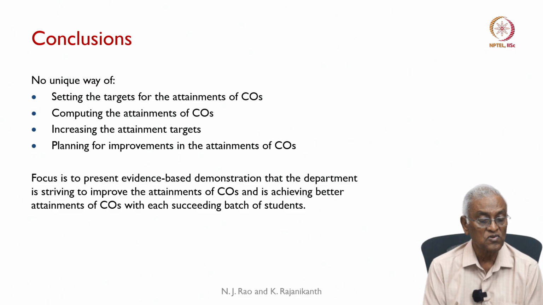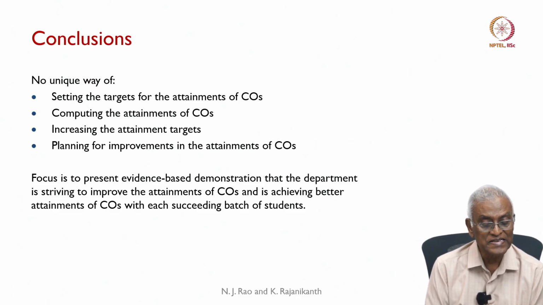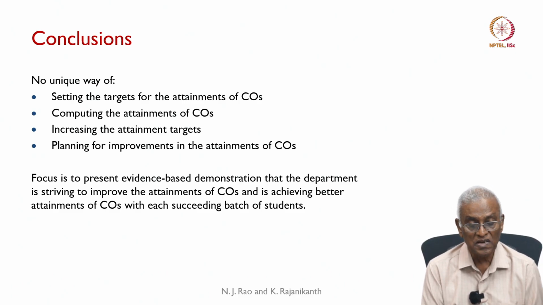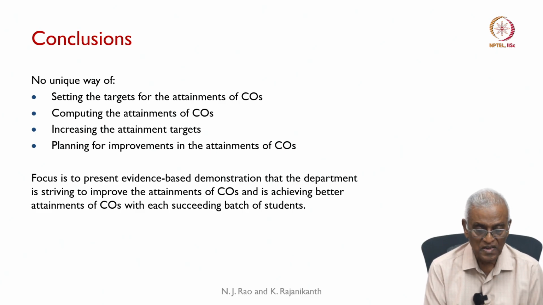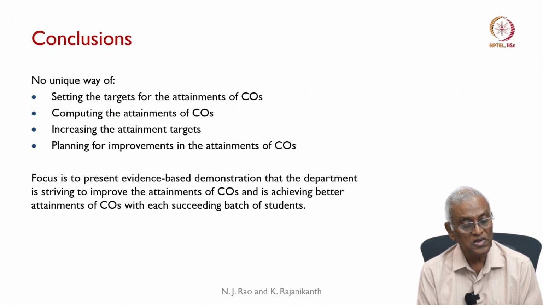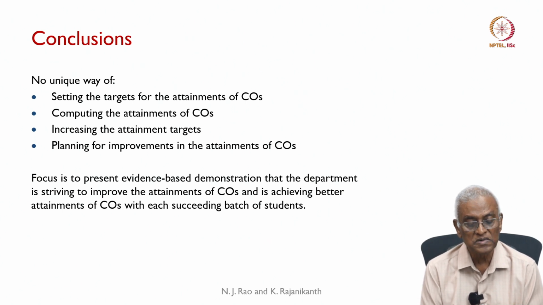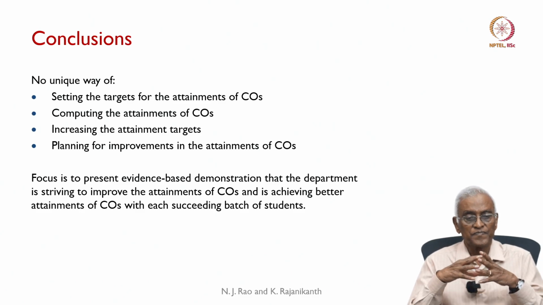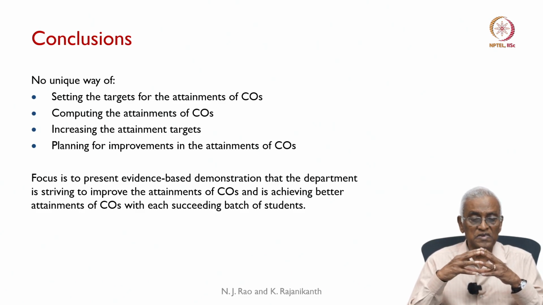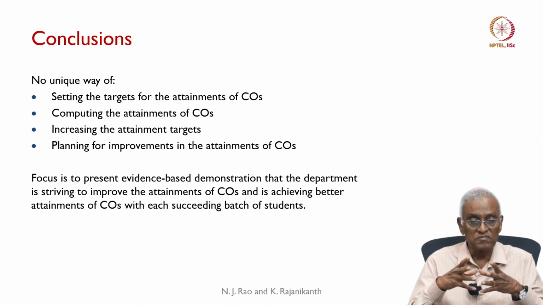There is no unique way of increasing the attainment targets. Should I increase it by 5%, 3%, 10%? It is a subjective judgment, and no unique way of planning for improvements in the attainments of COs. So it is all subjected to the perceptions of the teacher and what is possible, what is not possible. He has to make decisions based on that.